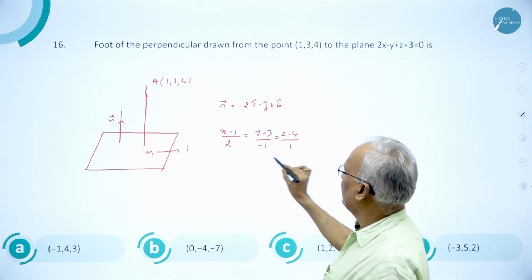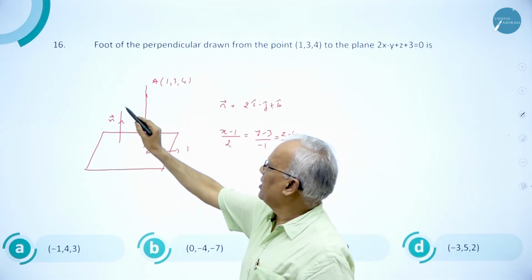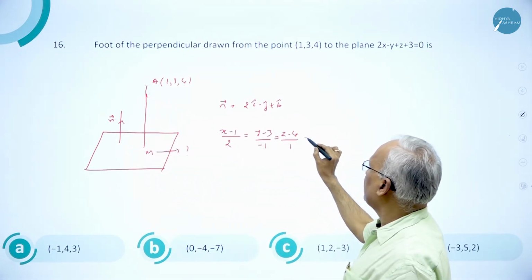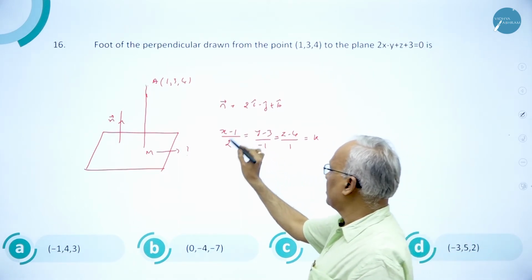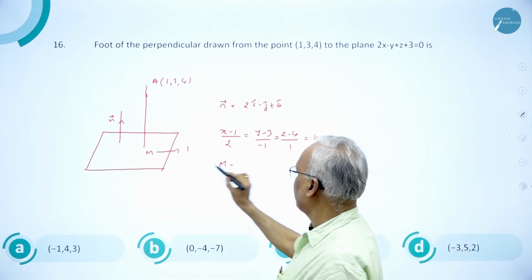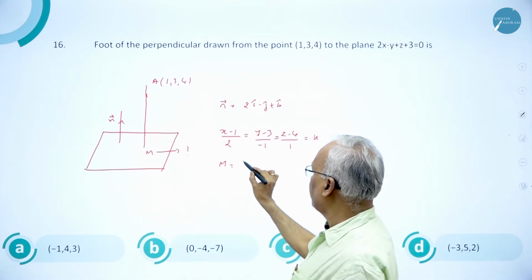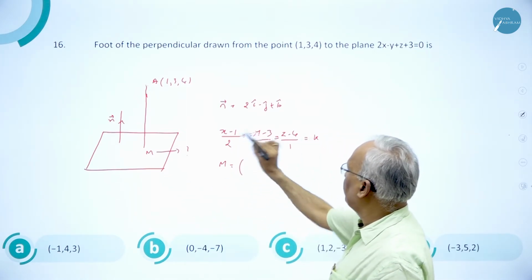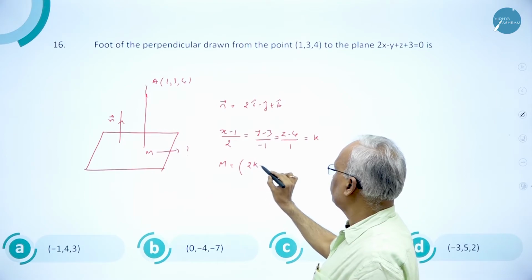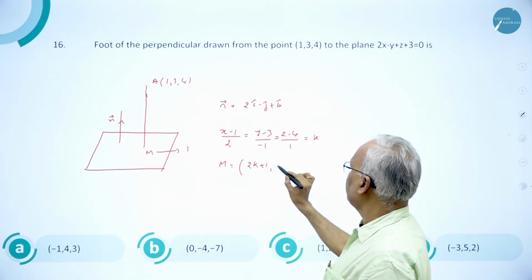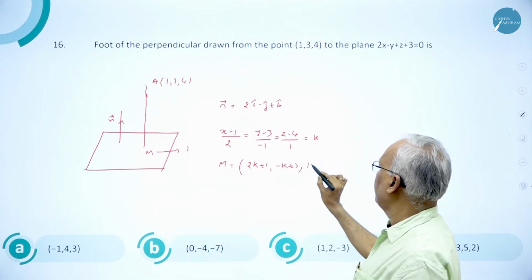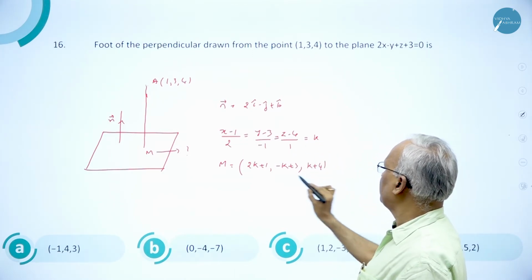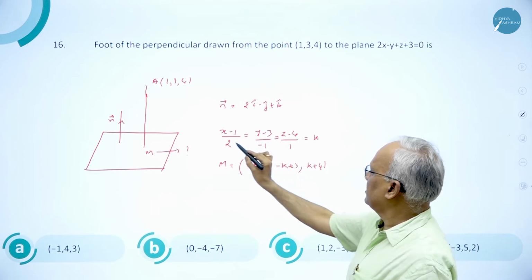This is the equation of the line through this point and parallel to this vector. Take a general point by equating it to k. So general point is, I call it m because I want this point. Call this point m equal to 2k plus 1, comma, minus k plus 3. And z coordinate is k plus 4.